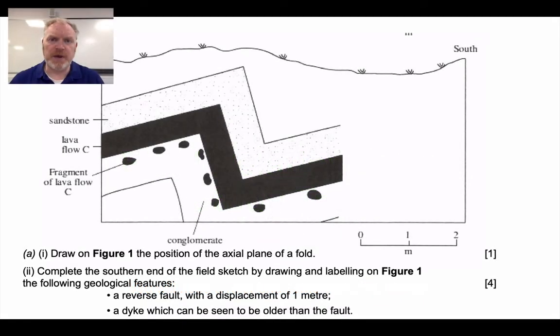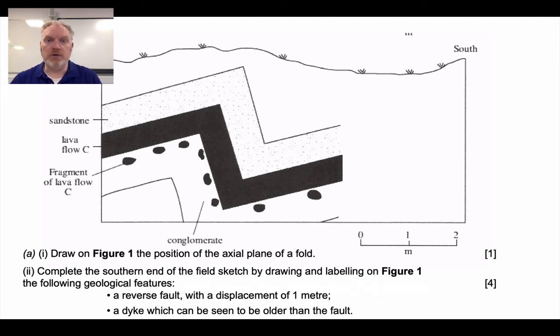Now this task is based around this diagram of a small cliff face. We start the task by looking at a few bits of structural geology, marking on the axial plane of at least one fold, and completing the blank part of the diagram here from the descriptions that are there.